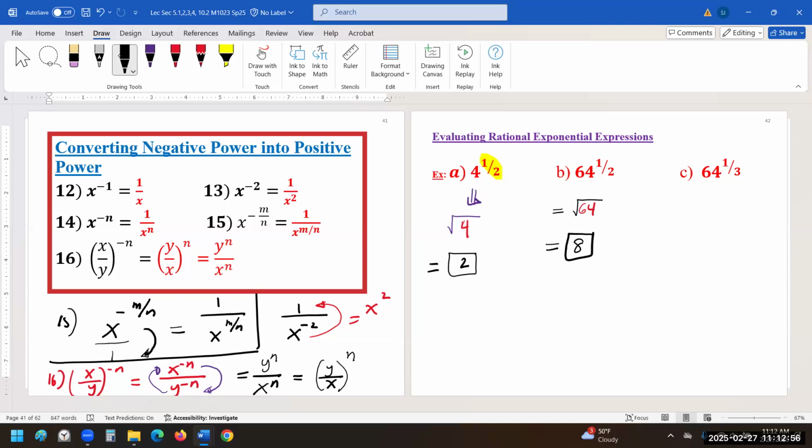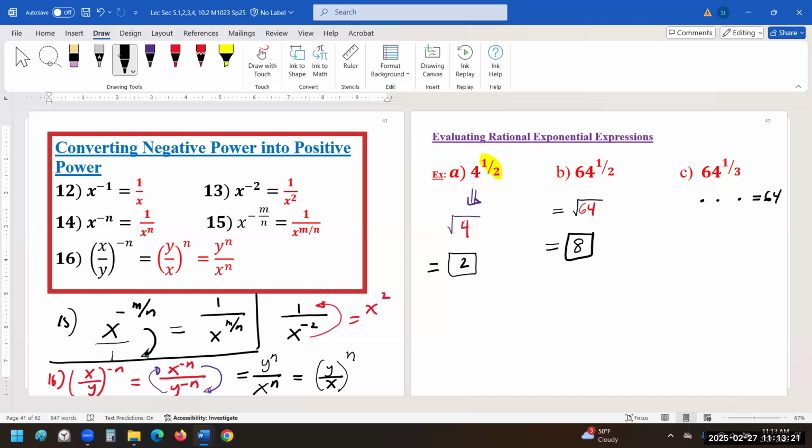So the next one says the same thing, 64 base, but this time our power is 1/3. So they're asking for what number, if you multiply 3 times, they will become 64. This is what they're asking us. Which number if you multiply 3 times, you get 64. Can you think of the number?